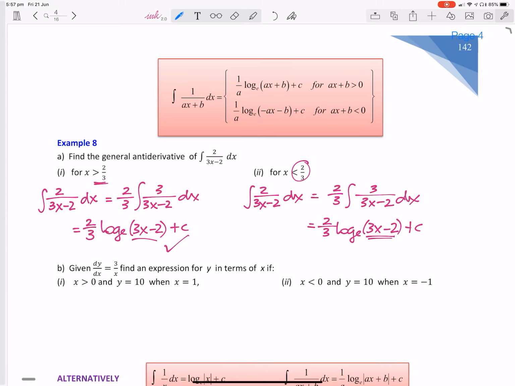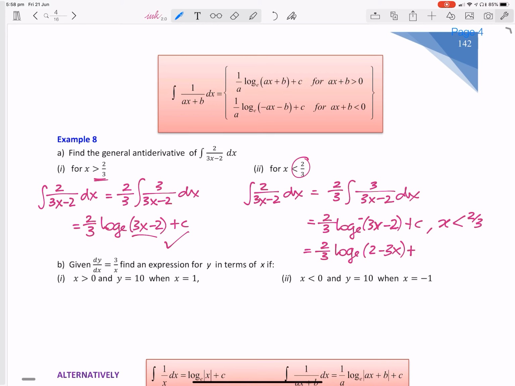So what we do is we put a negative out the front, and then we say out here, x is less than 2/3. And what that in effect does, if I say 2/3 log e, I'm going to get 2 minus 3x. Basically, it reflects it in the line x equals 2/3. So it's like in the y-axis, but this is in the line x equals 2/3. And we will get the left-hand side of the graph.